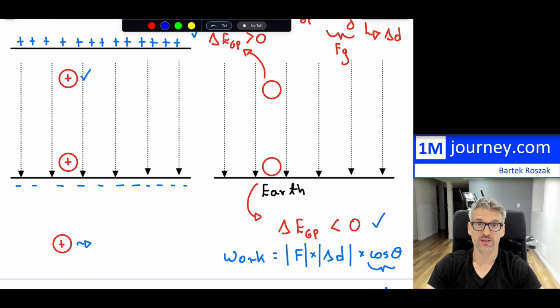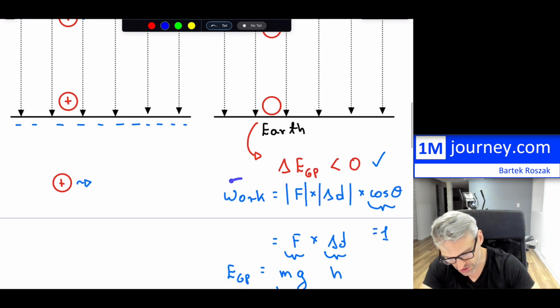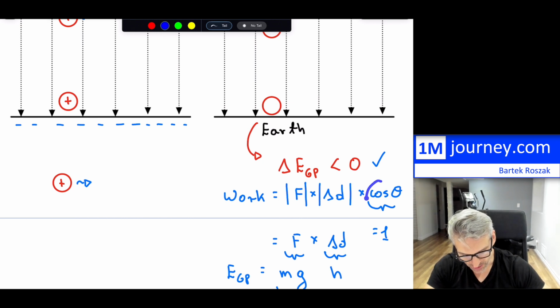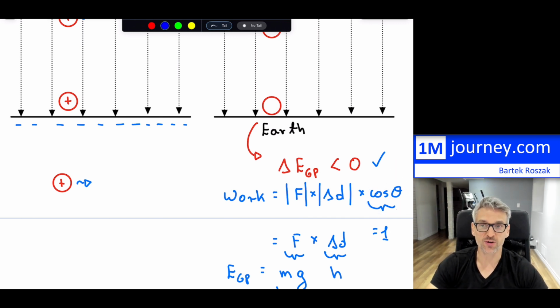Now, how much potential difference energy will it gain or lose? Well, this comes back to this equation once again. How much work is it going to be done? Now, within here, you can see, especially in the beginning stages as you're learning this, the angle is basically going to be 0, or 180 if you're going in the opposite direction. So the actual number there is either 1 or -1 for cos of 0 or cos of 180 degrees, depending on which direction you're moving.